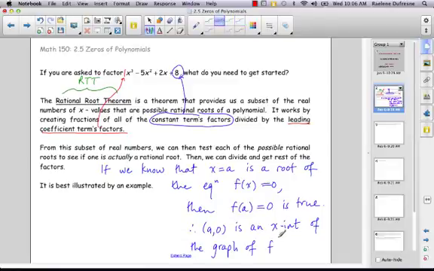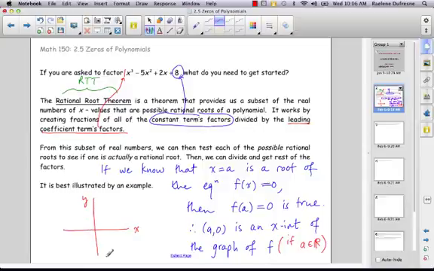That is, of course, if a is contained in the real number system. If a is a complex number, then we wouldn't be able to plot the complex number on the real plane with x and y. And so any complex root would not be an x-intercept because we could not plot that complex number on the real number line.